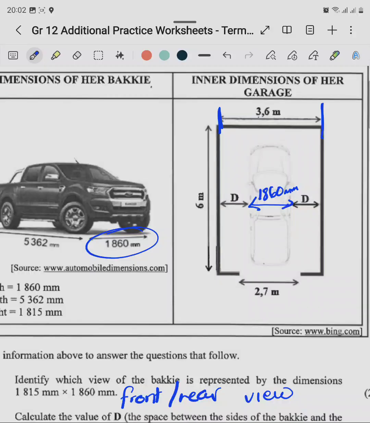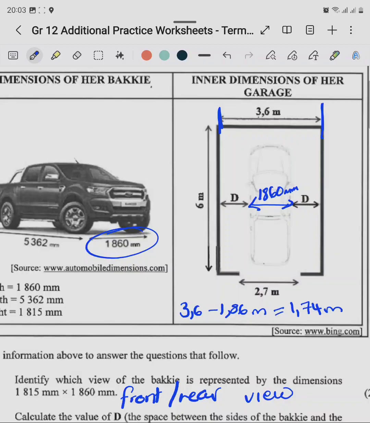So I'm going to go 3,6 minus 1,86 meters. This is me just converting into meters from millimeters. You could have done it the other way around as well. And if I subtract that, I'm going to get 1,74 meters.